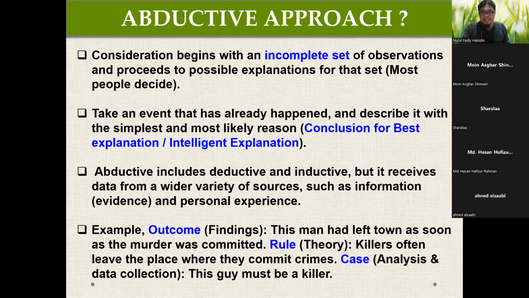Okay, case analysis and data collection, this guy is a killer. So that is the theory and the case. For example, from the data the guy must be a killer. So in the theory, mostly when people kill someone, they go to another place. That's the brilliant explanation, because you combine the theory, killers go somewhere.